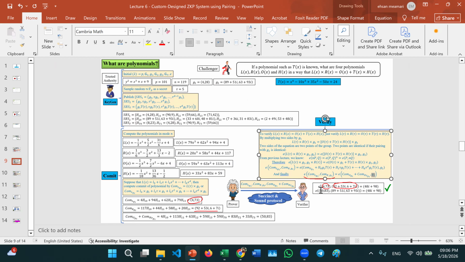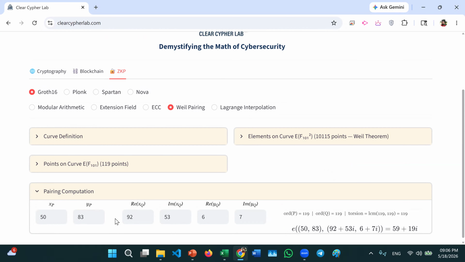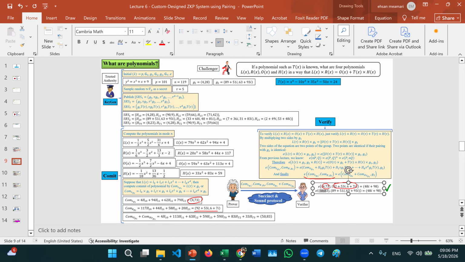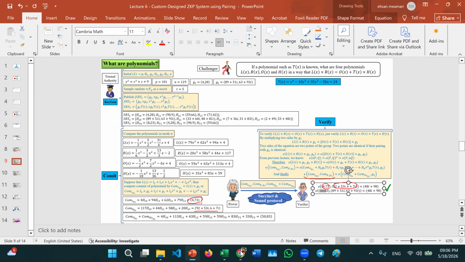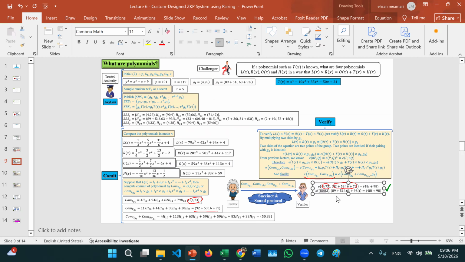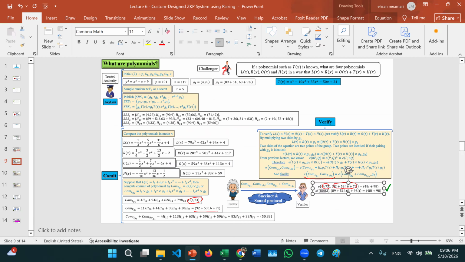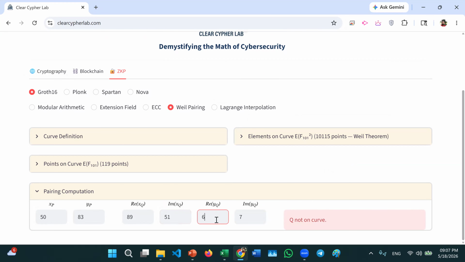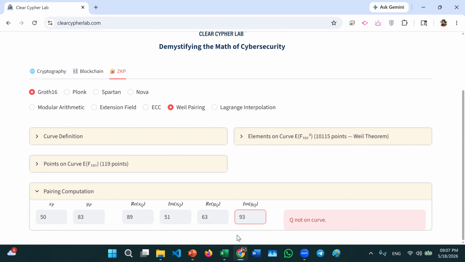So the pairing of 50 and 83, and 89, 51, 63, and 93.